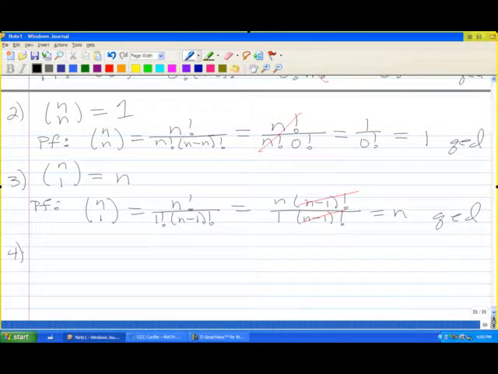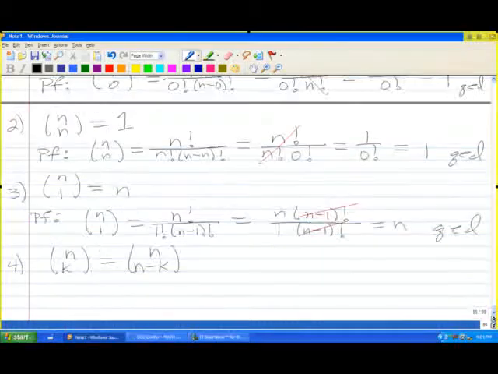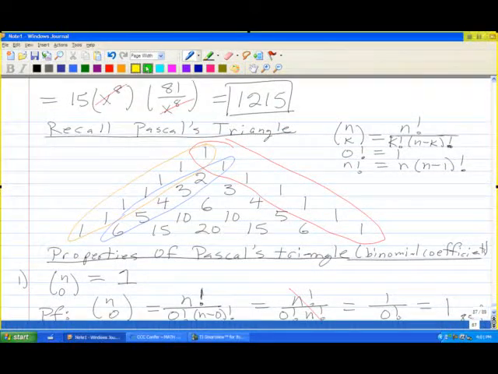Fourth, nCr is equal to nC n minus r. Well, maybe I'll use a k because my r's look like n's. And this is symmetry. And so this says that if you look at this half of Pascal's triangle, it's the same as the other half.